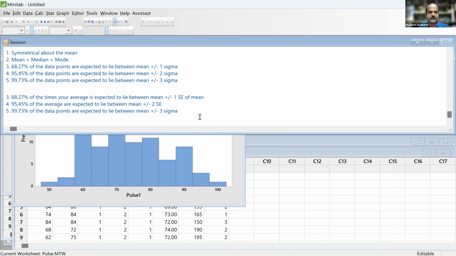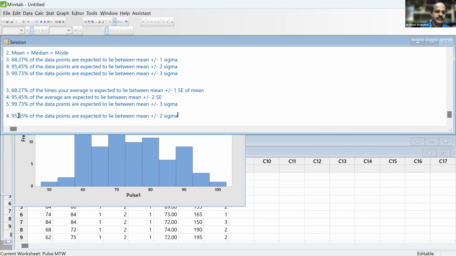I just frame another statement. Instead of 95.45, I want to make it 95. So what will happen? This 2 will slightly get adjusted to 1.96. When I make it 1.96, I get my 95% confidence limits. Same thing is applicable here also.